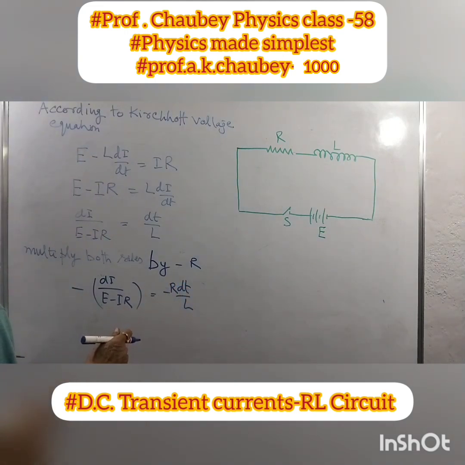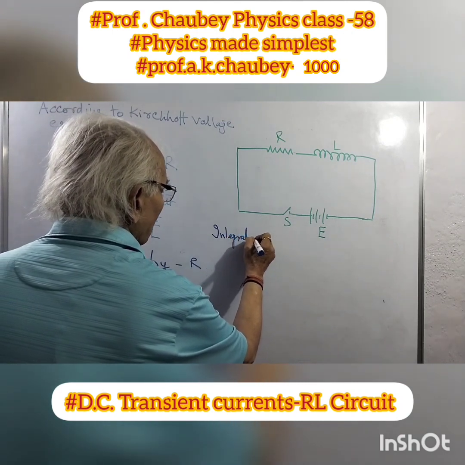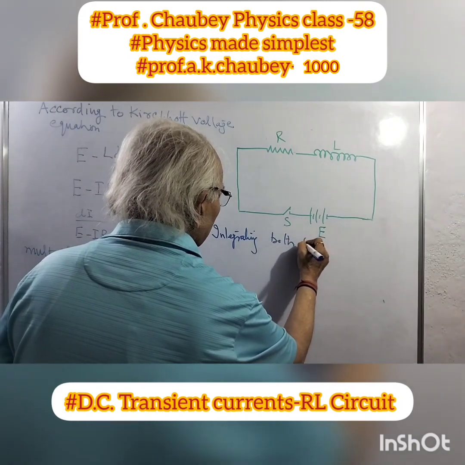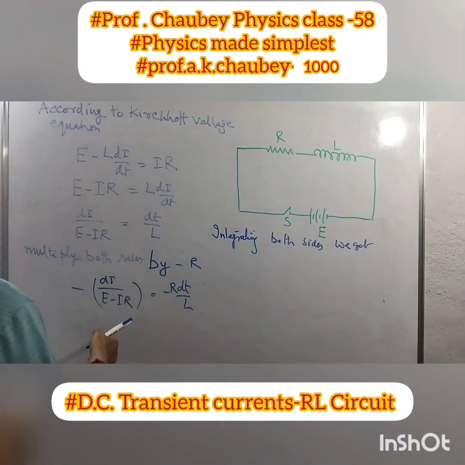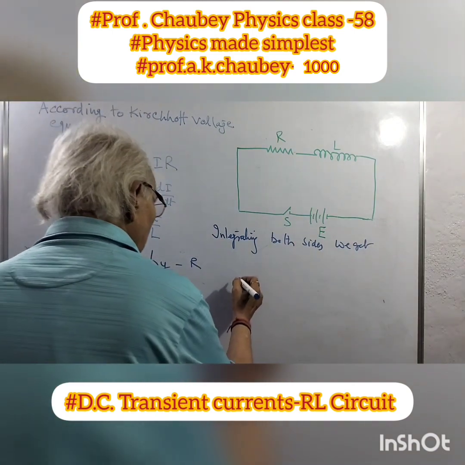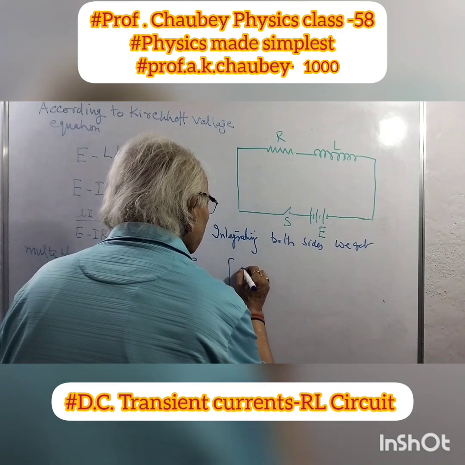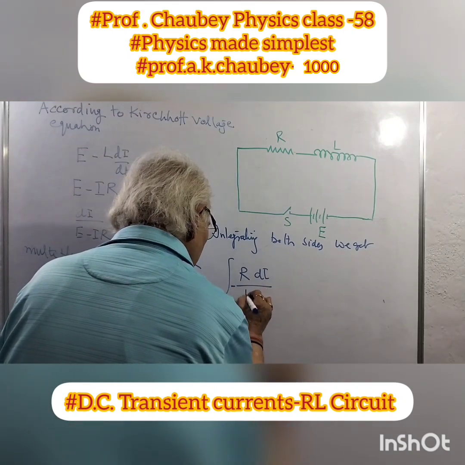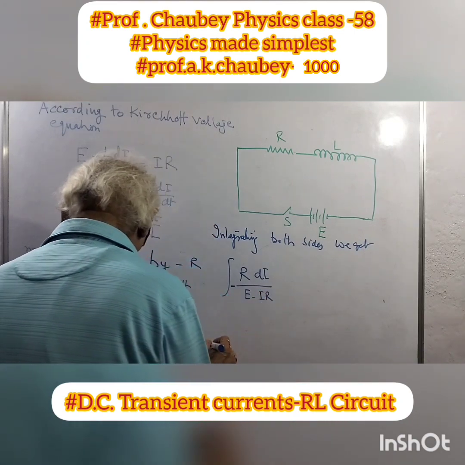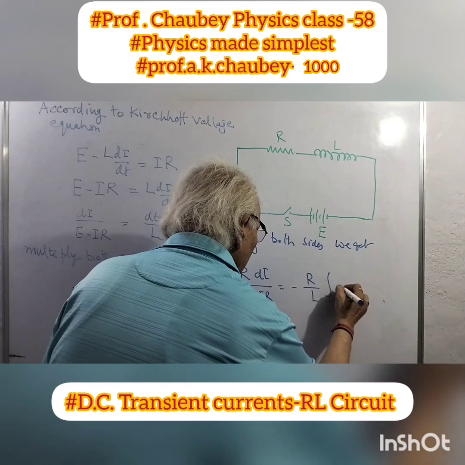Now integrating both sides, we get: this side we integrate, minus R di over E minus IR, is equal to minus R over L dt.